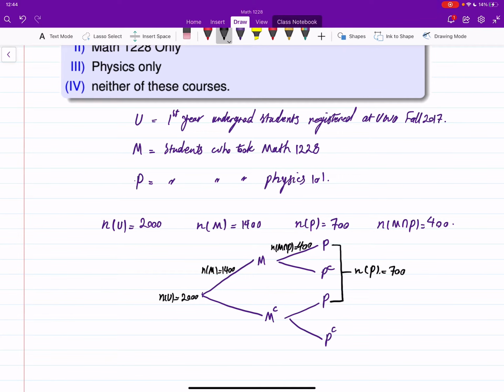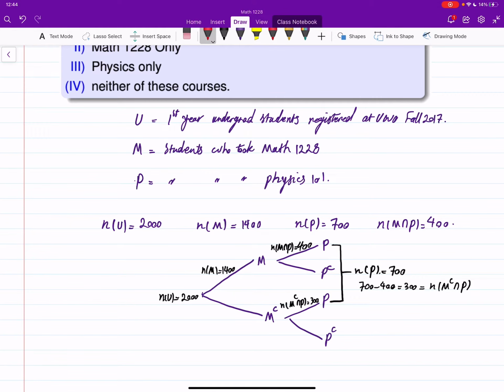But I already know that 400 of them are the ones who took not only physics but math as well. Then the rest will go here, which is M complement intersect P, which will be 700 minus 400, 300. This is N of M complement intersect P. So this is 300. And now these are the numbers that are given.